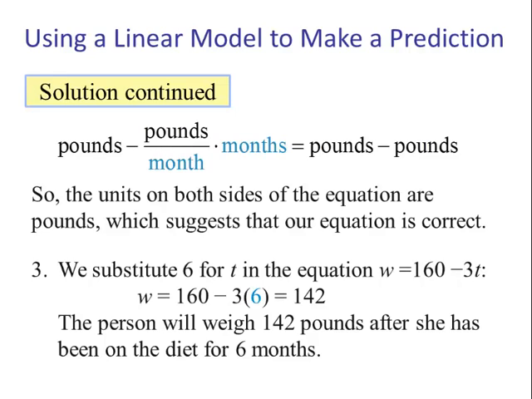Now, I should mention here that there's going to be some point in time where she is going to stop losing weight. And that sort of introduces the idea of what's called the domain and the range of a model. And that will be in future videos.